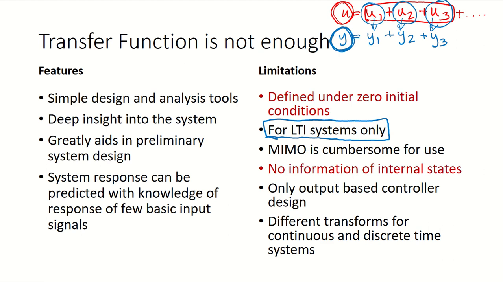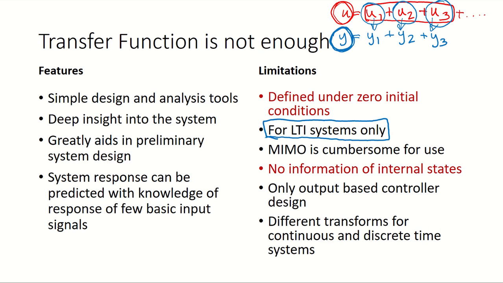The MIMO case is cumbersome to use. You may not have been exposed to MIMO transfer functions. It basically takes up the shape of a matrix where each element of the matrix is one transfer function. We don't need to go into that, so that is not even part of this course. MIMO transfer functions are cumbersome to use.